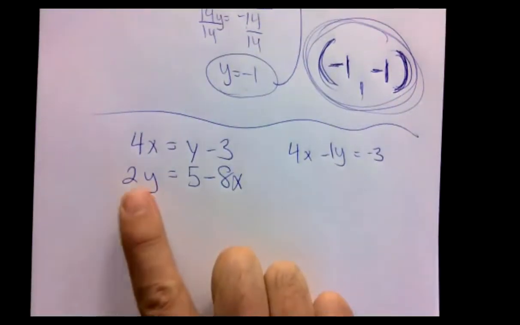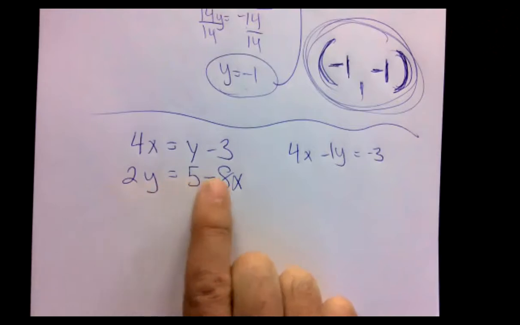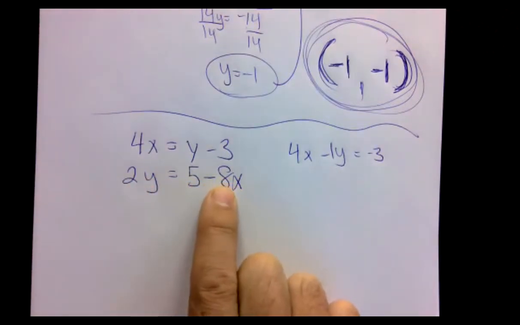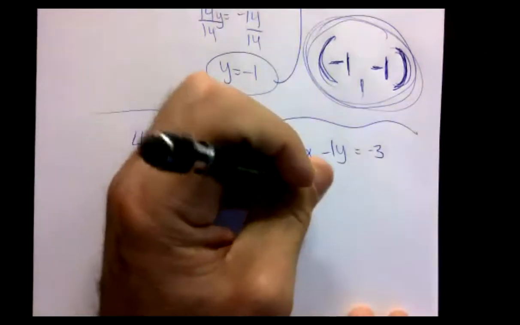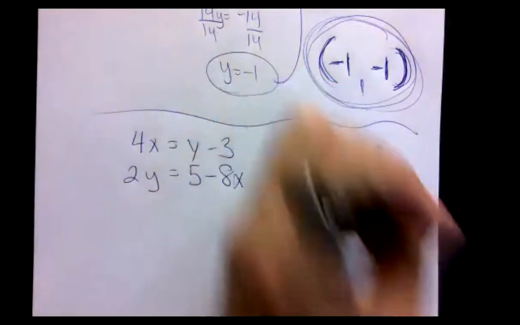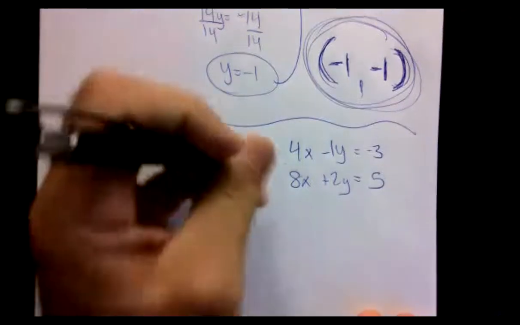We can do the same thing here. We've already got the y. We've got our constant. We just need to move our -8x over. The opposite of subtracting 8 is to add. So we'll get 8x plus 2y equals 5.